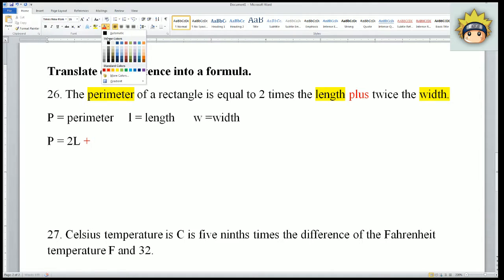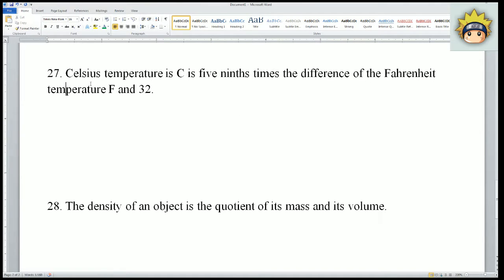Twice is 2 times the width. Good? Because again, it says twice. Do you see this? This says twice. It means this part is twice. Good, good.